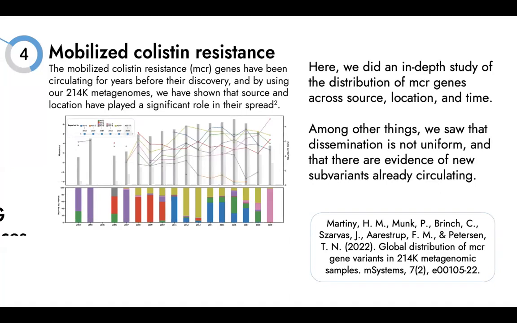We also show that the spread seems to be highly dependent on the source and location and how these genes have been spread around the world. We also found that there is some evidence of some new subvariants already circulating. This paper came out last year also in Systems, and it showcases how we can use all of this data in a lot of different ways.